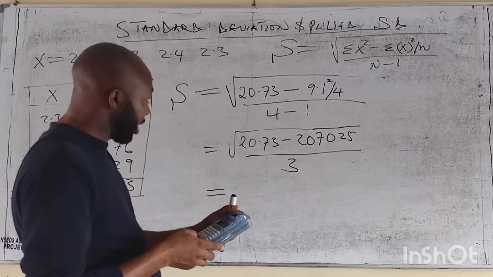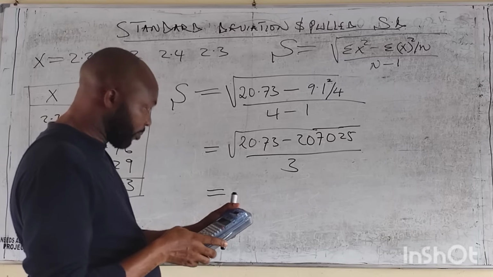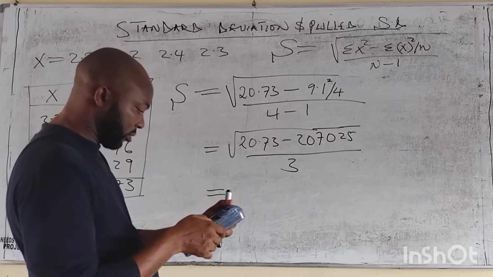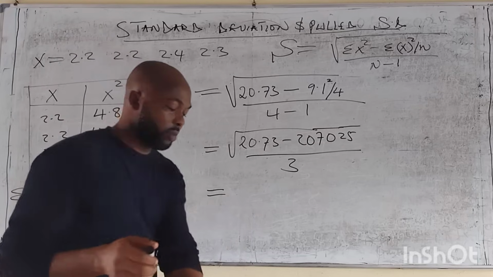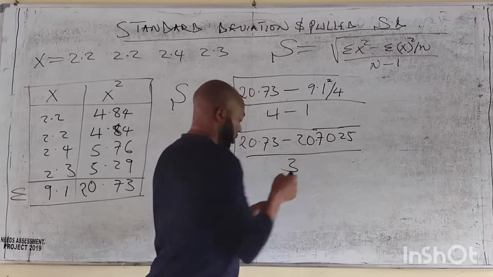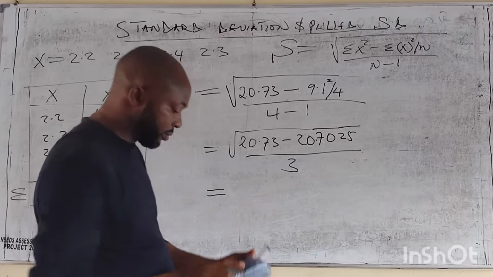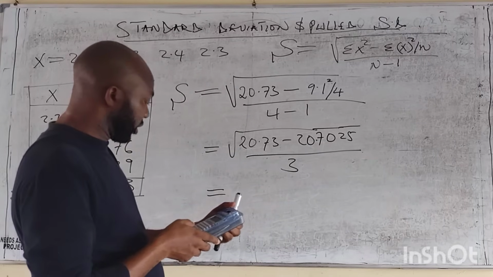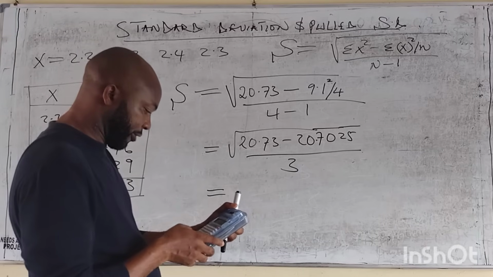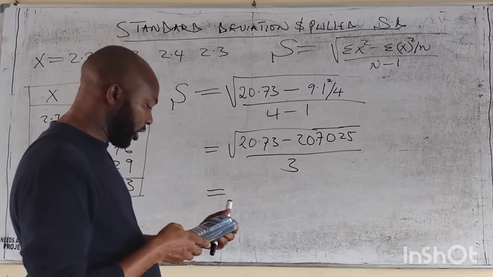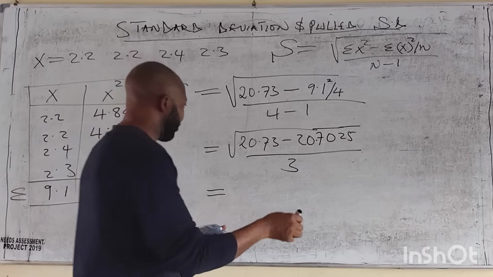20.73 minus 20.7025. Sorry, mistake here, 20.70025 is... 20.73 minus 20.7025 is 0.0275.